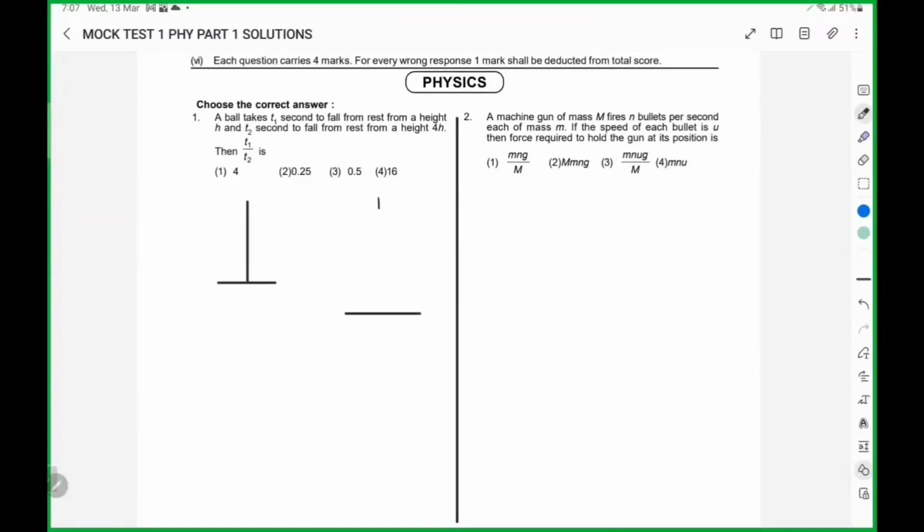Another is from a height 4h. So here, the basic formula you know it.